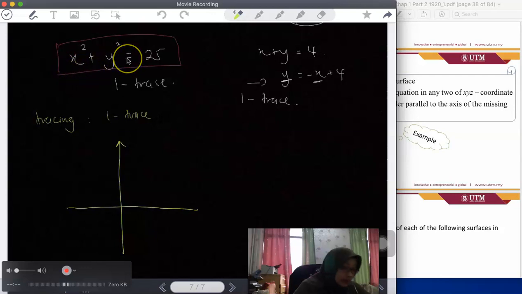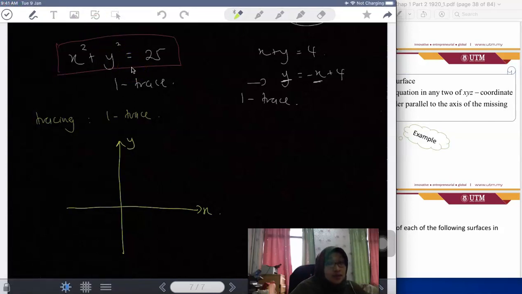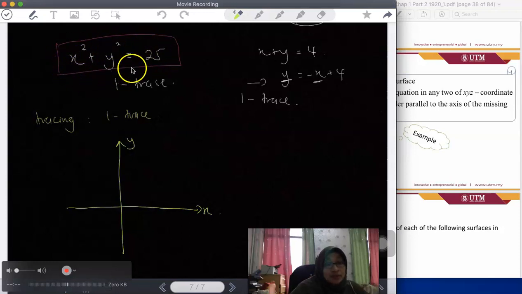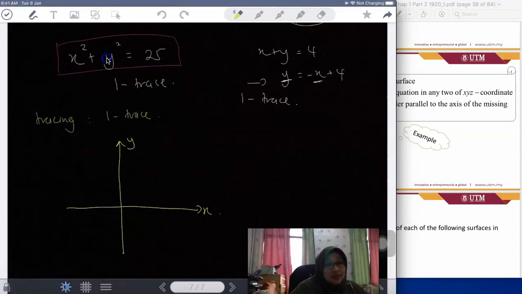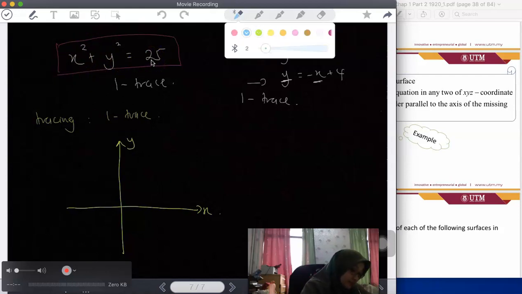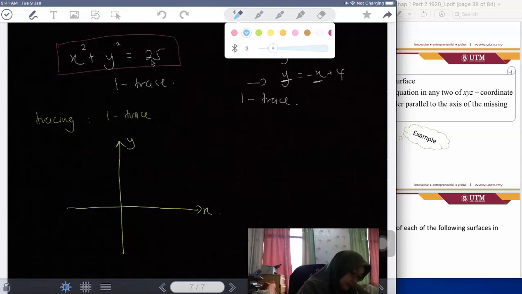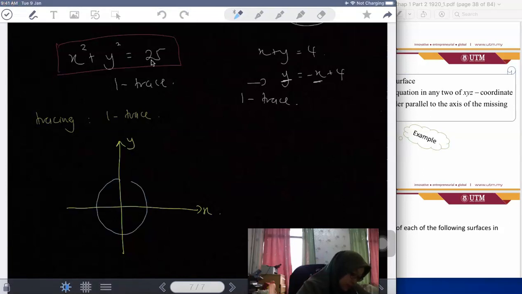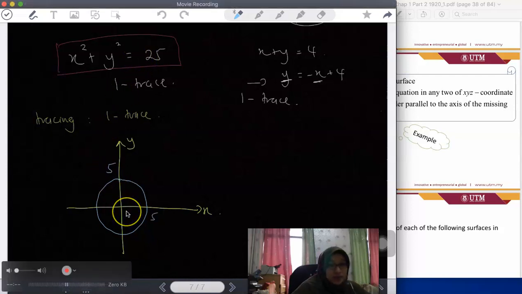So you have x and y, so meaning that you have y, x. Okay, now we are talking about a trace which is a curve. So do you know what is this? Yes, this is a circle centered at the origin and the radius is 5. And then you sketch that, you have a circle with radius 5 and centered at the origin. So that is your trace.